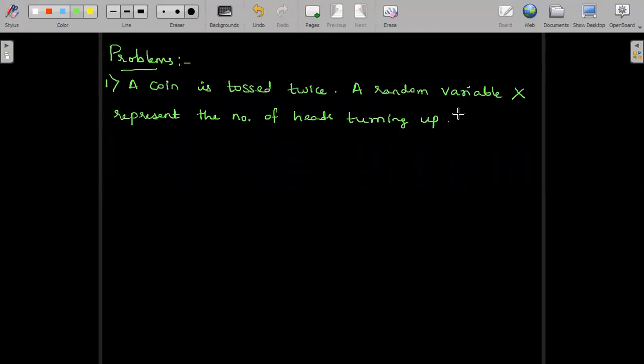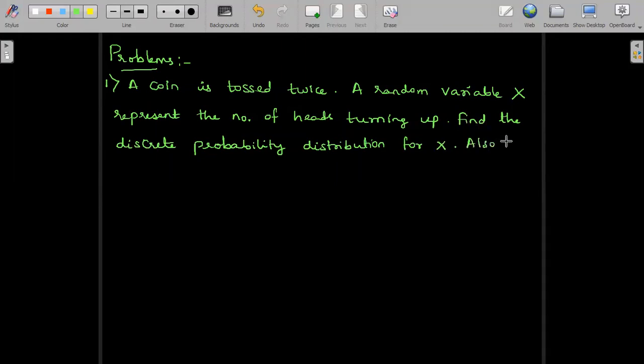Find the discrete probability distribution for x. Also find its mean and variance.